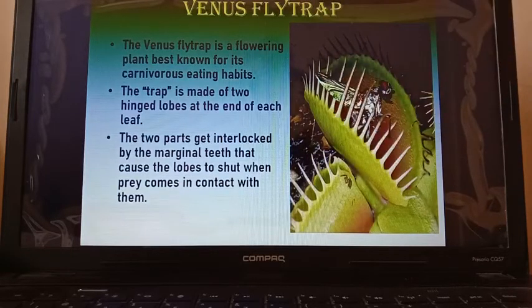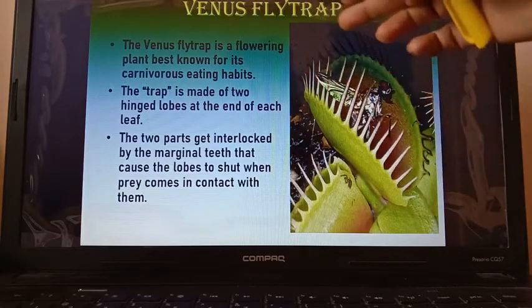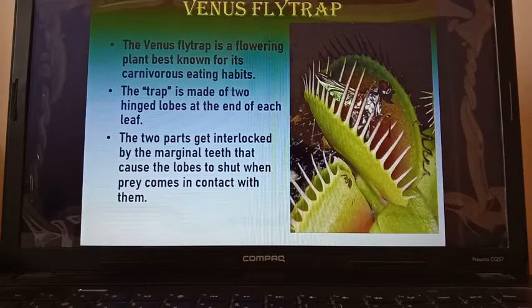The insect is trapped and can't escape by the interlocking structure formed by these terminal teeth. So the two parts get interlocked by the marginal teeth that cause the lobes to shut when the prey comes in contact with them.